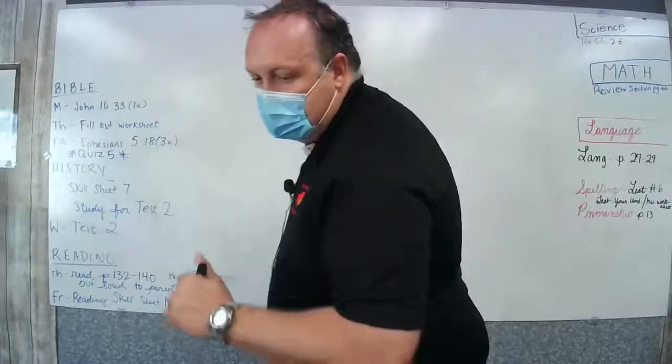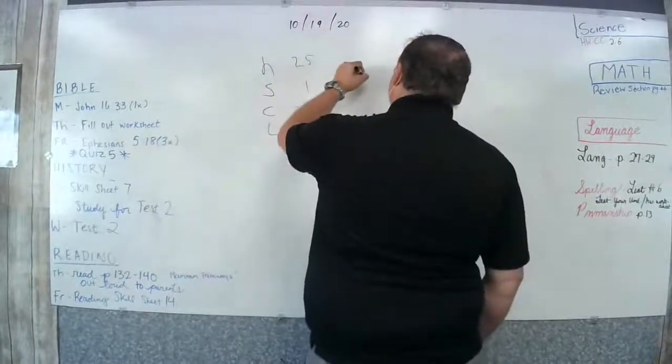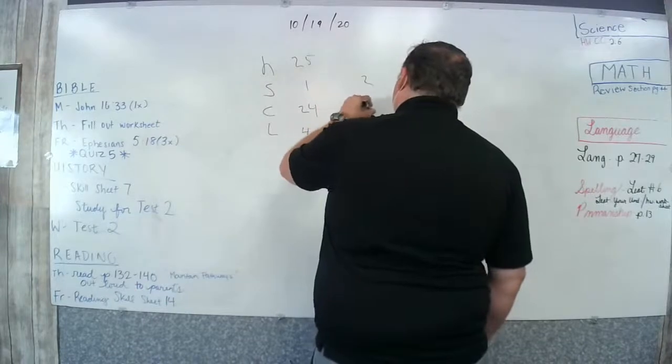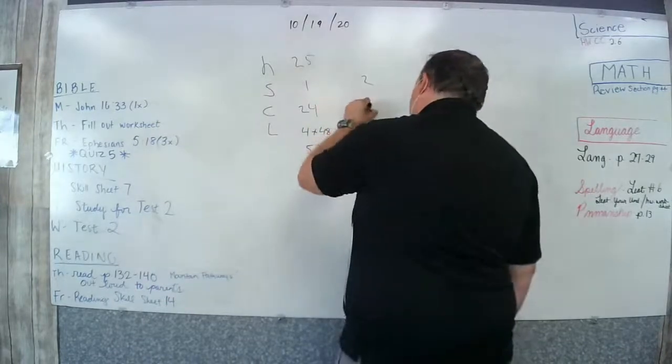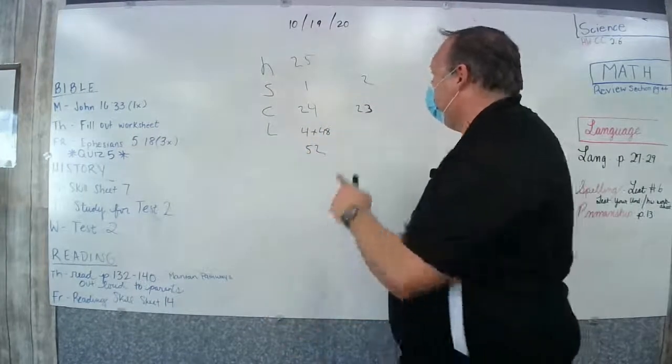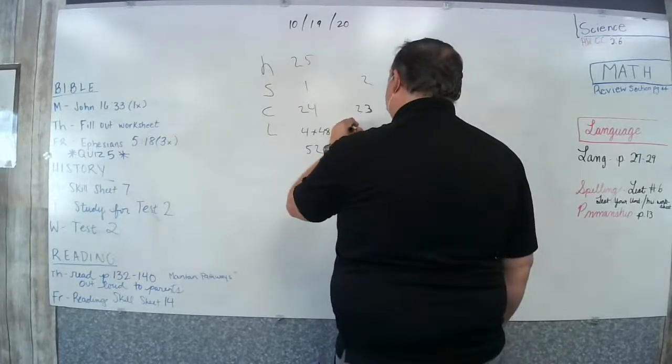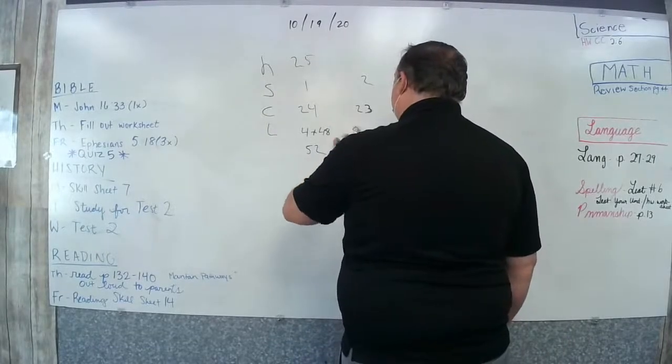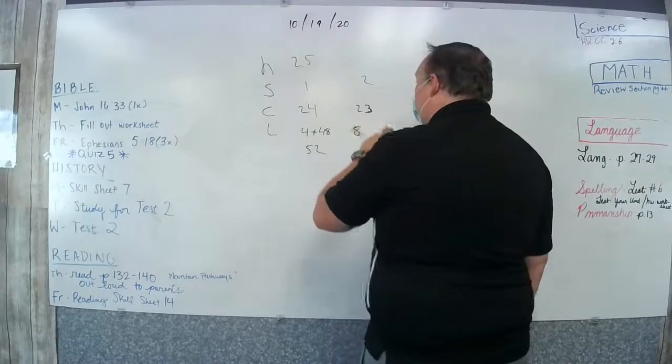Okay? So, what if I have 2 sheep and 23 chickens? How many legs do I have for sheep? I have 8 legs. Chickens, how many legs do I have?